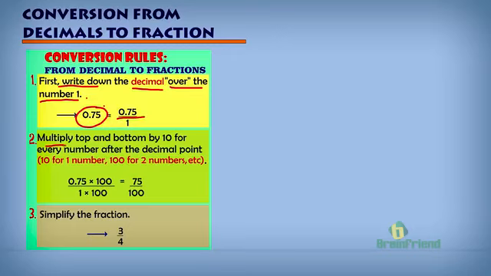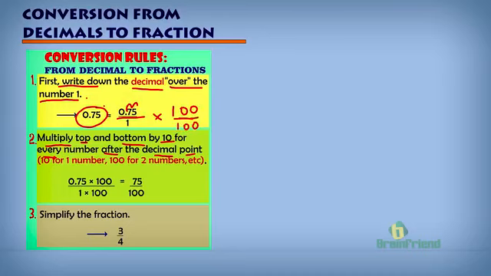Next, multiply the top and the bottom of our fraction by 10 for every number after the decimal point. What we mean is 7 and 5 are two numbers after the decimal point here. It means that we will multiply 0.75 over 1 times 100 all over 100.